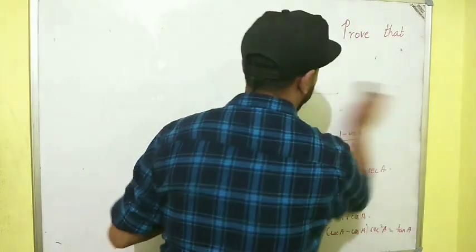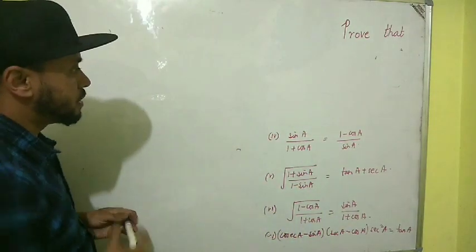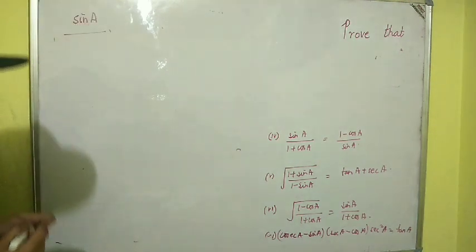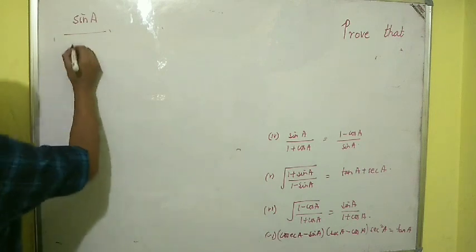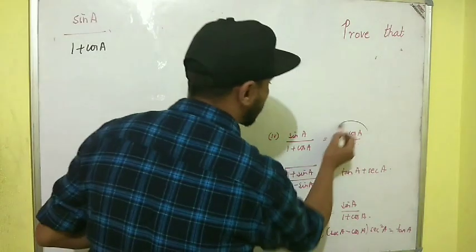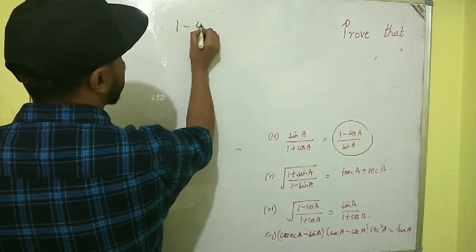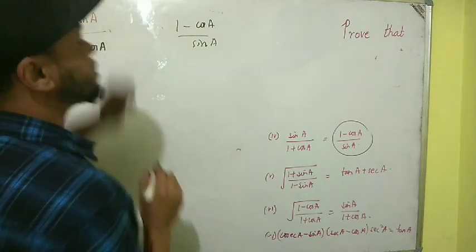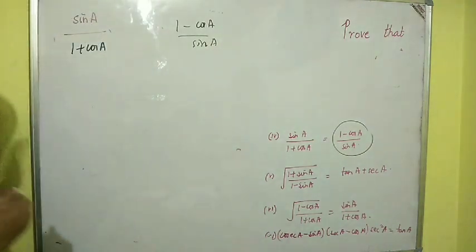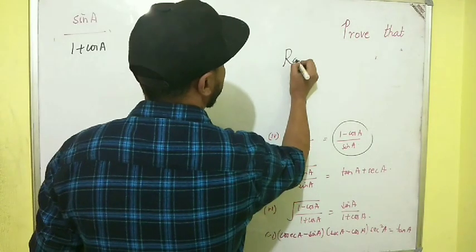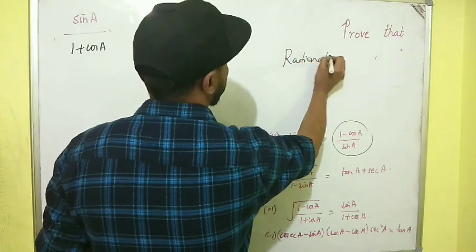So this is done. The next question is sine A by 1 plus cos A. This we have to prove as 1 minus cos A by sine A. If you look at this one, all are sine and cos. Now what we do here is we use one method that is called rationalization.